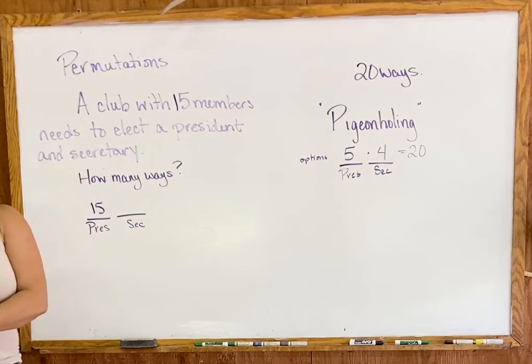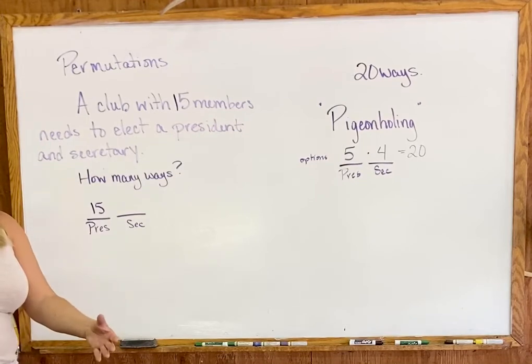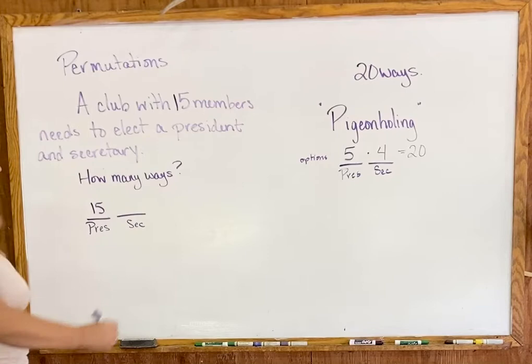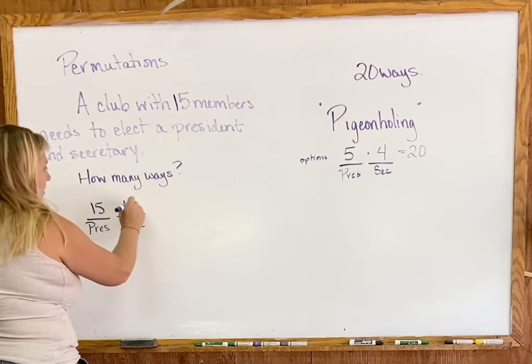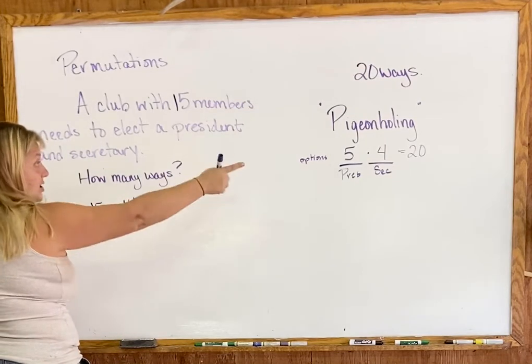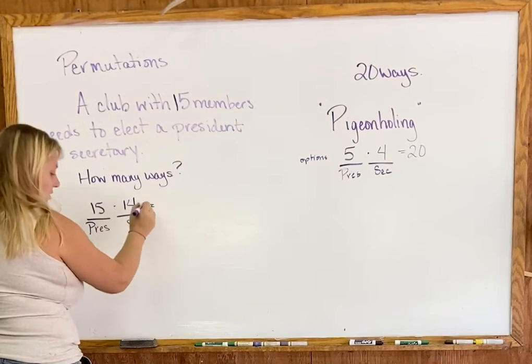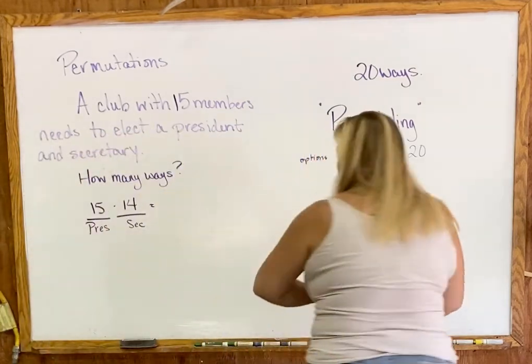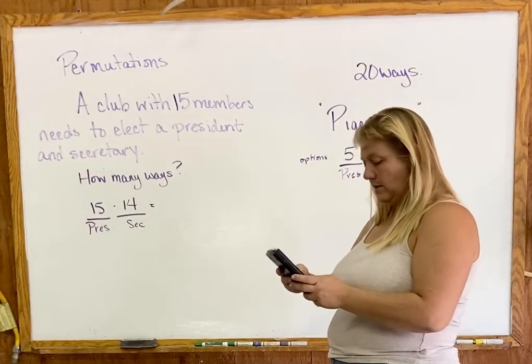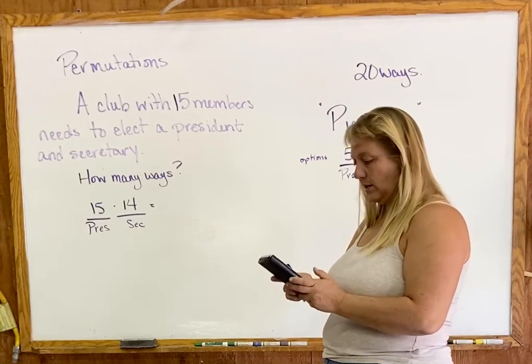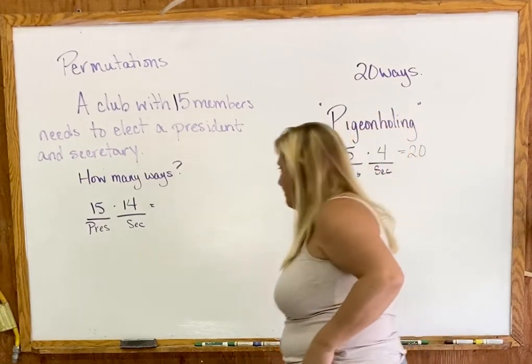Now that we've elected a president, how many are vying for that secretary role? And that would be 14. Everybody agree? And just like we did over there, we multiplied, we'll multiply here. 15 times 14 equals 210.